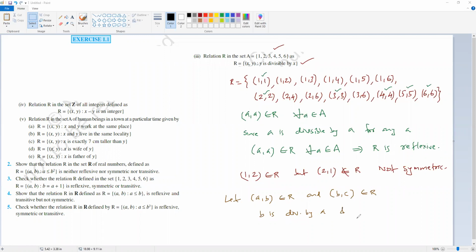And (B, C) belongs to R means C is divisible by B, correct? So C is divisible by B and B is a number you can divide by A. So C is divisible by A, isn't it?